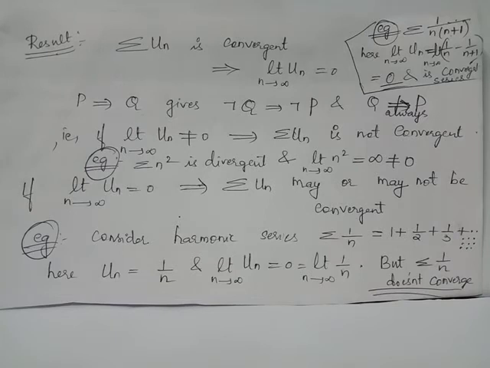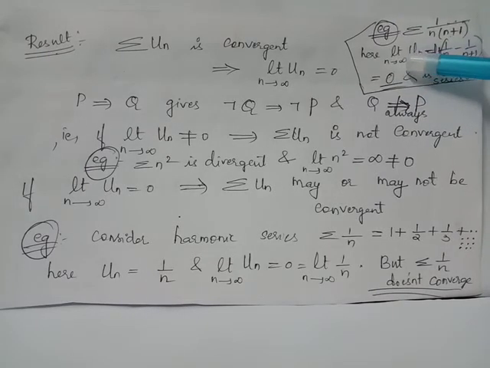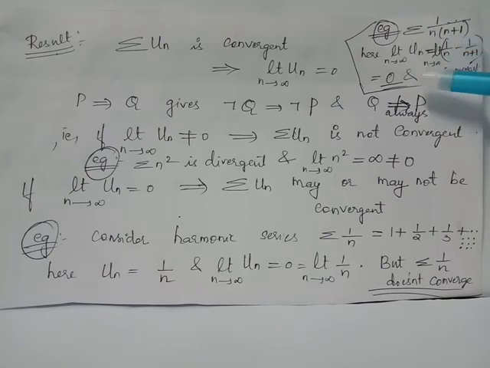For example, this is the case wherein we found that when we obtained limit n tends to infinity nth general term as 0, the corresponding infinite series is convergent. But we have another example which is the harmonic series summation 1 by n, which is equal to 1 plus 1 by 2 plus 1 by 3 plus etc. plus 1 by n plus etc., an infinite series which is divergent.